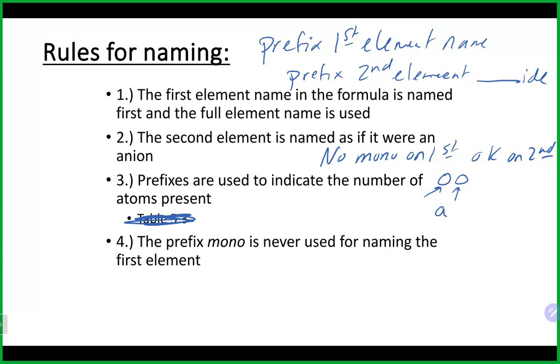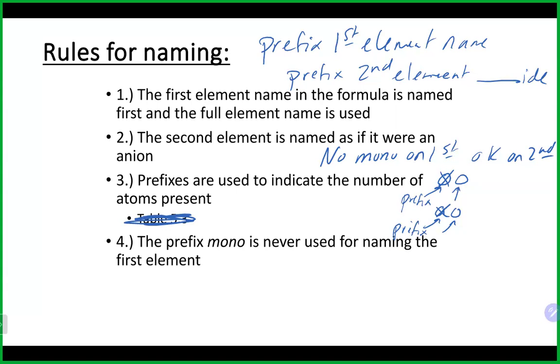Or you may get an A and an O. Same deal, one from the prefix, one from the actual element name. Typically when you have this situation, we get rid of the prefix's vowel and we keep the element's vowel.